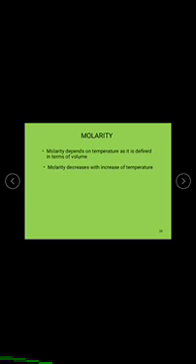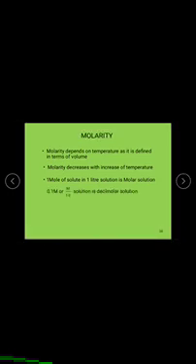Molarity depends on temperature, as it is defined in terms of volume. Molarity decreases with increasing temperature. If there is 1 mole of solute in 1 liter of solution, then it is known as a molar solution.